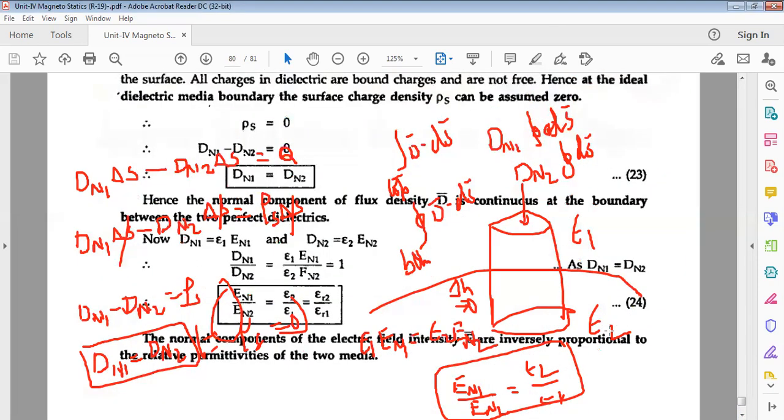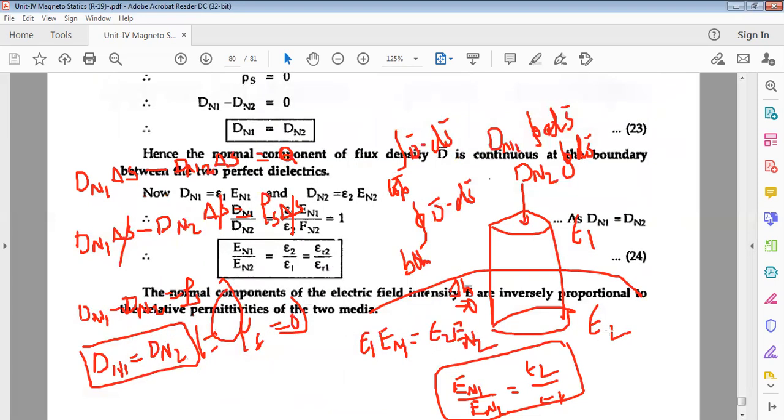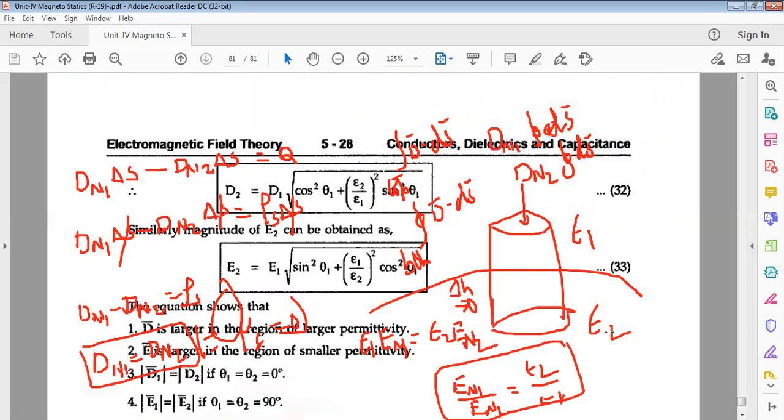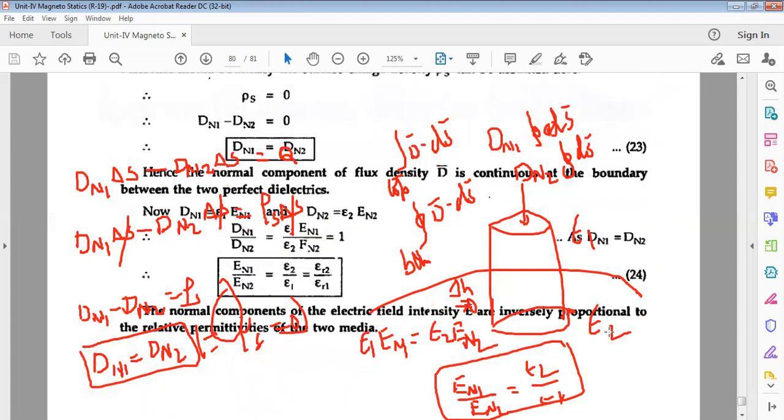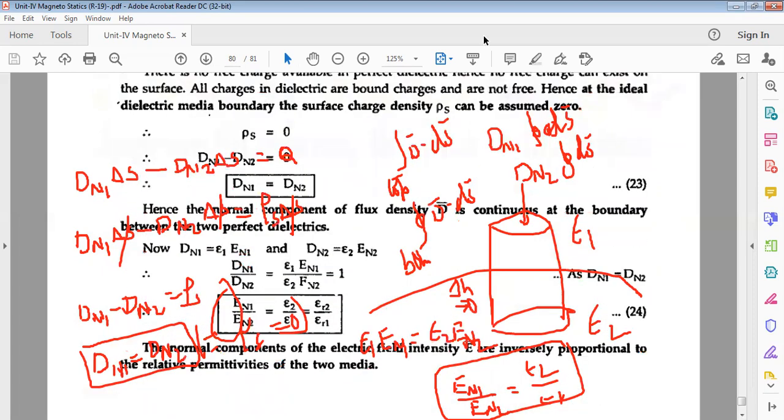We can call it discontinuous, since En1 by En2 is not equal to one and has some value, epsilon 2 by epsilon 1, so the normal component is discontinuous. Understood, my students?